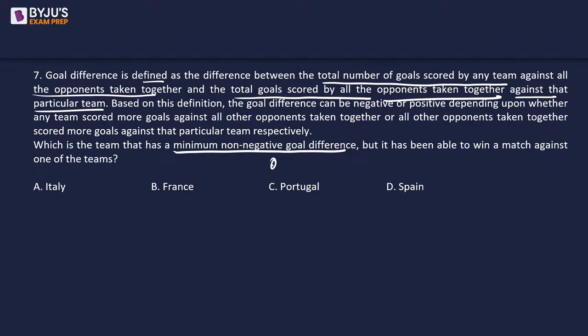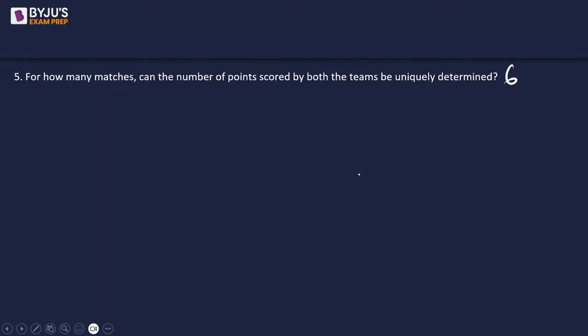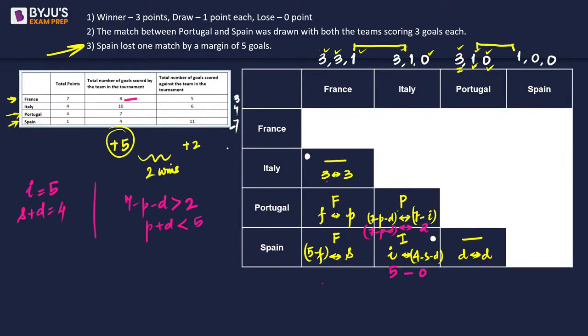Non-negative goal difference मतलब जो negative नहीं है, as in 0, 1, 2 and so on. कौन सा हो सकता है? So अगर आप थोड़ा सा सोचोगे ना, तो what you will realize is that the sum of all the goal differences should be 0. आप सोच के देखो.